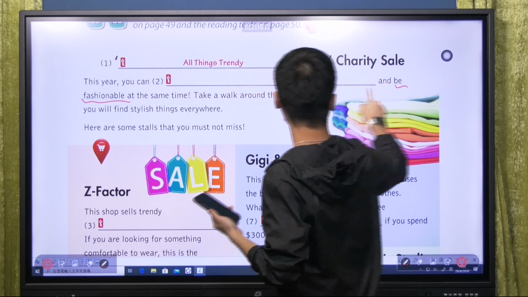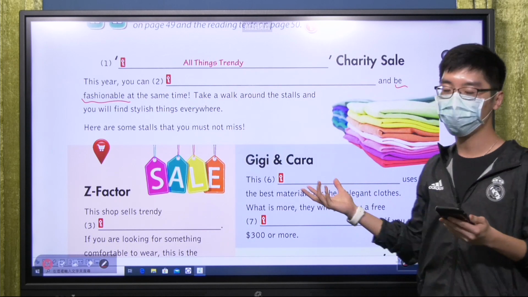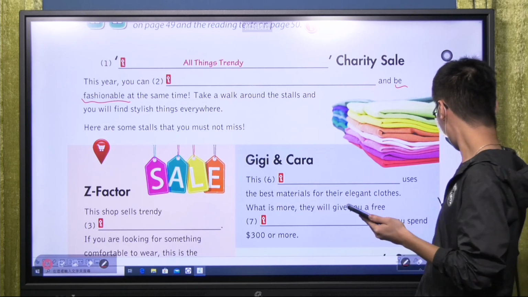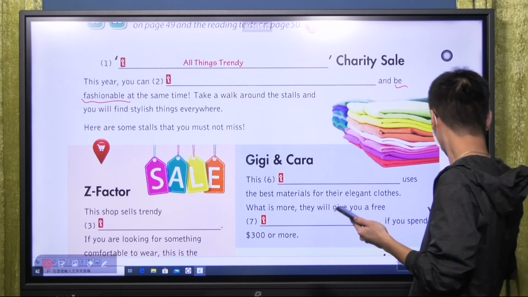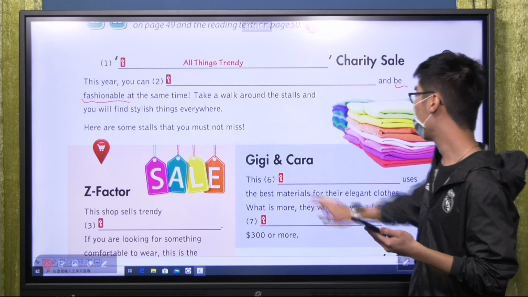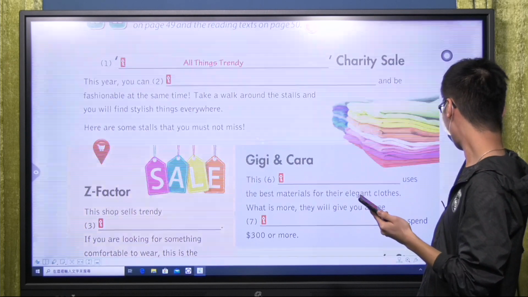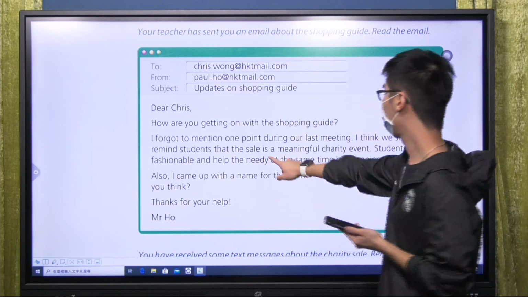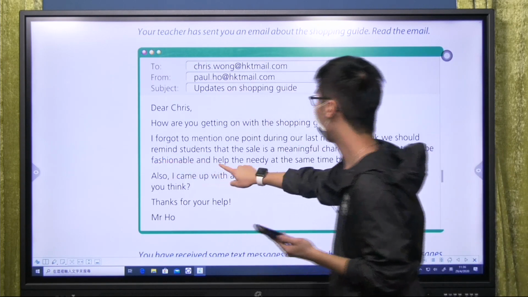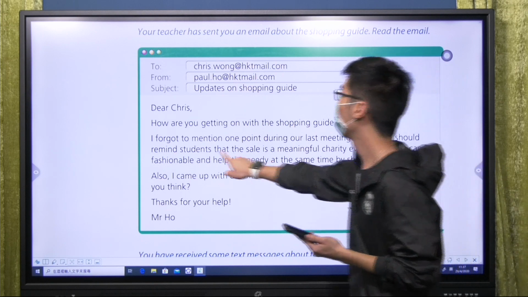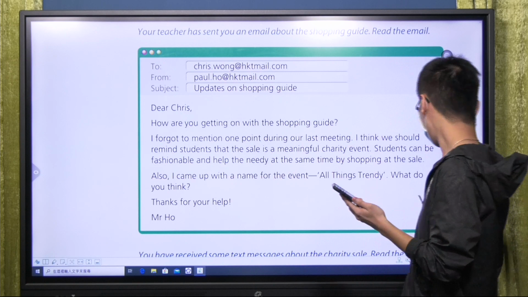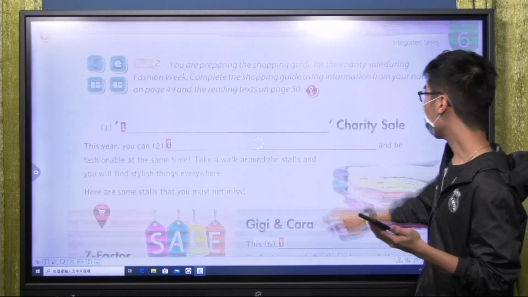So besides being fashionable, it is shown that what? In the same question you need, what is that? Maybe a bit clumsy because I need to show you where you can find the answer. So you can see, be fashionable and then help the needy. So this is the answer for the second part: help the needy.